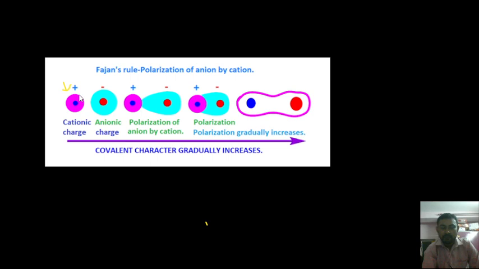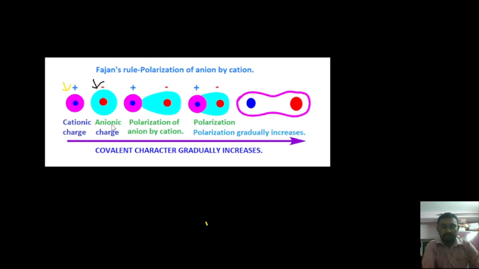But for the anion, the number of electrons is much more compared to the number of protons, so the positive charge density is less with respect to the negative charge of the electrons, and the size of the anion increases. That's why the cation shown here is very small, but the anion is larger.